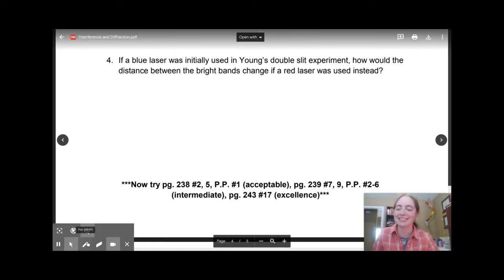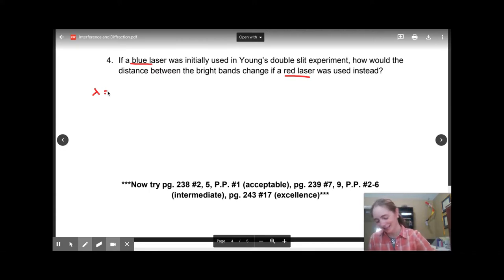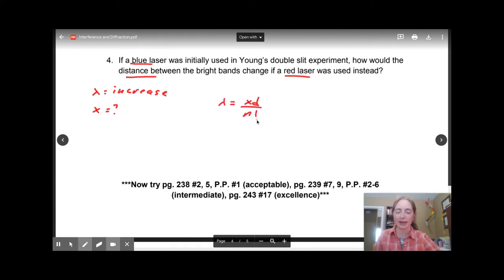All right, so as we mentioned before the video chopped off, we've got a blue laser and we're replacing it with a red laser. So what would happen with lambda is our lambda is going to increase. And we're trying to see what would happen to the value of our x, which is our distance between the bright bands. So we're going to use our equation, lambda equals xd over nl.